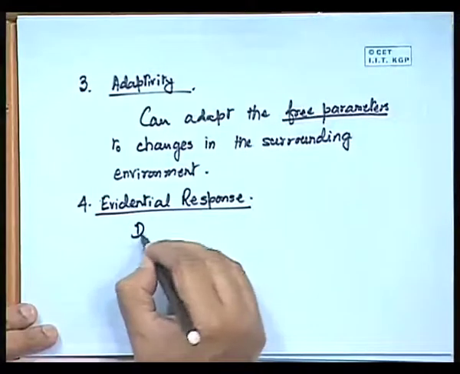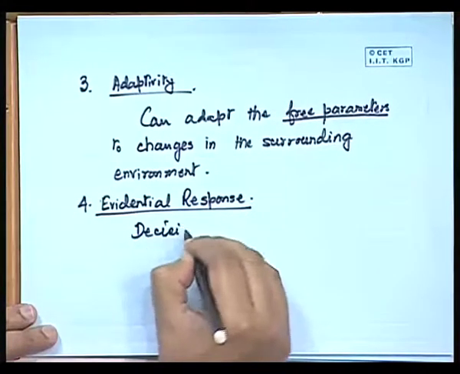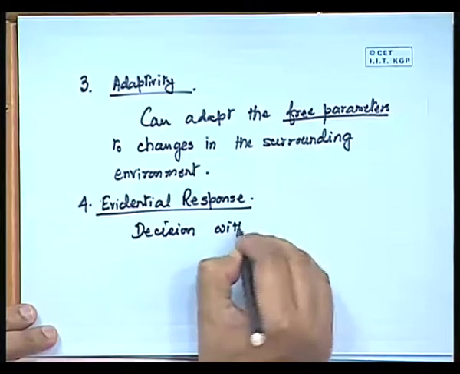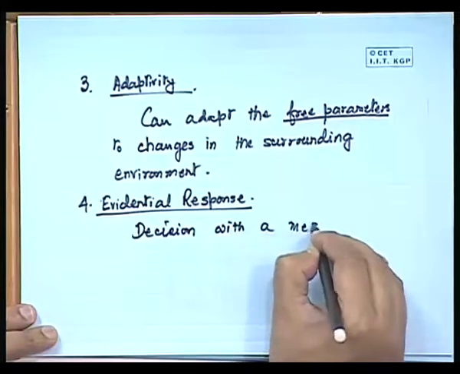Not that we are 100% confident, but when we say I think, with a good degree of confidence we can say that the feeling is that it is going to happen. So that is to say associating a confidence with the decision. It is not only a decision, but a decision with a measure of confidence.